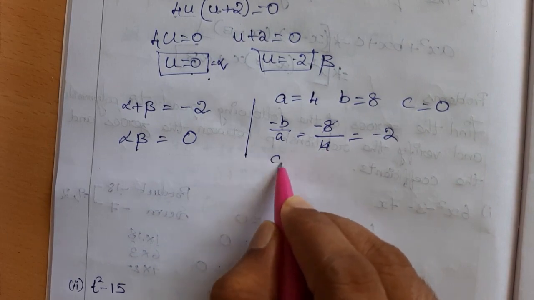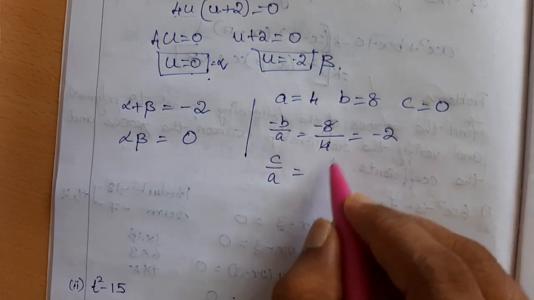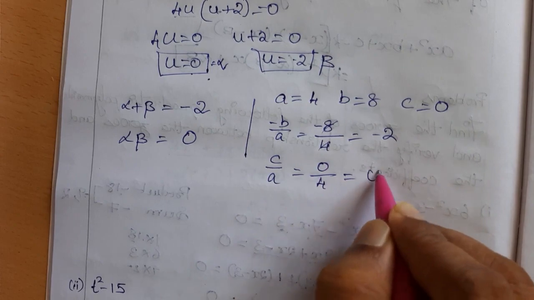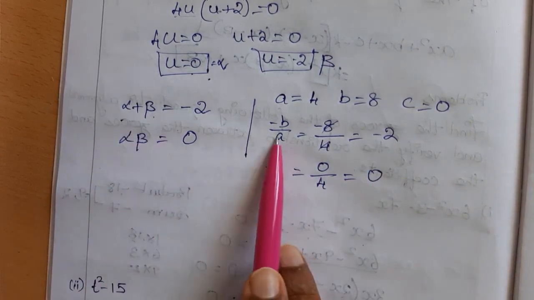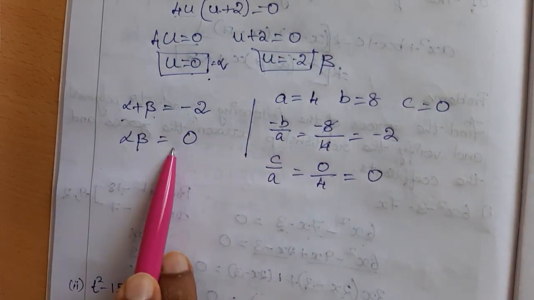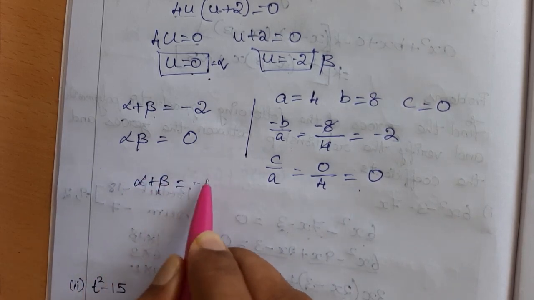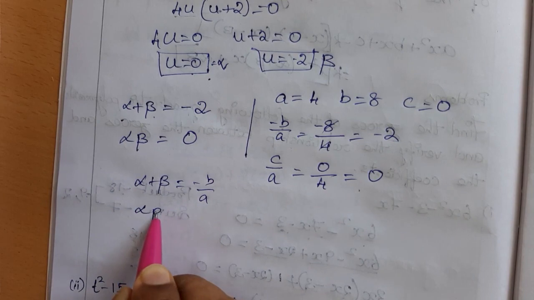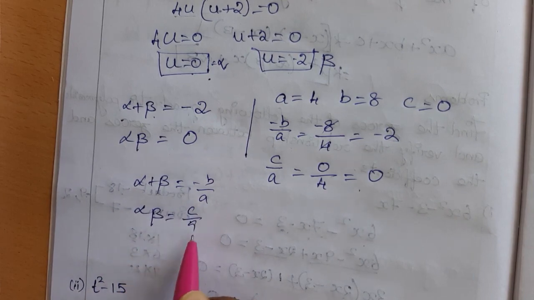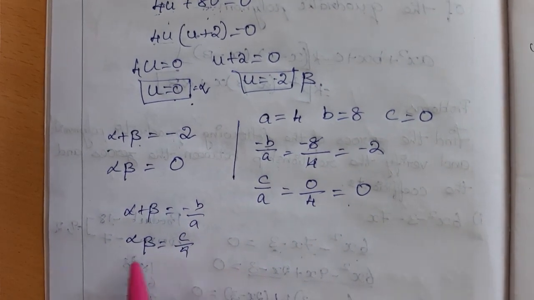And next, C by A is 0 by 4, which is 0. So alpha plus beta is equal to minus B by A, the values are the same, and alpha into beta is equal to C by A. Hence verified.